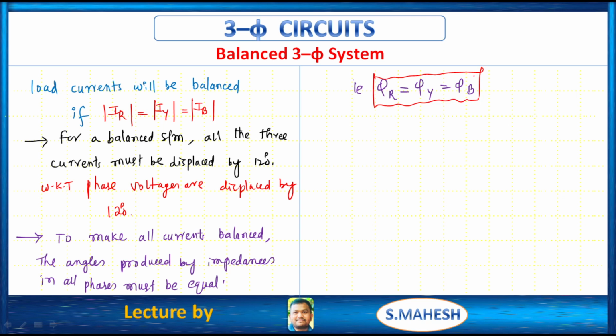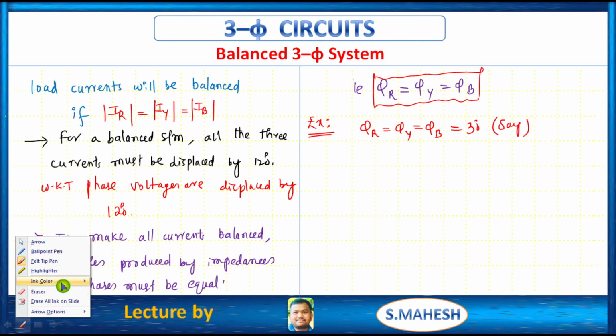Balanced three-phase system means what? Load can take the responsibility to tell whether it is balanced or unbalanced. Okay, to get a clear idea, I am considering phi R, phi Y, phi B equal to 30 degrees. Say for example here I am considering 30 degrees. Then what about IR?